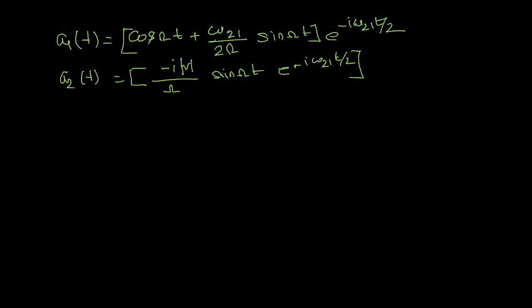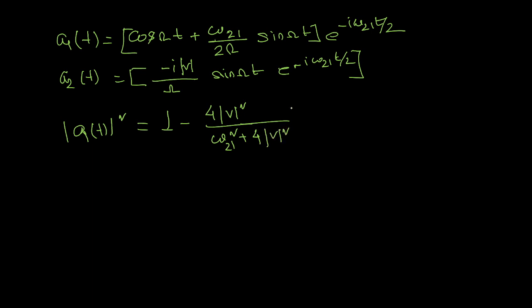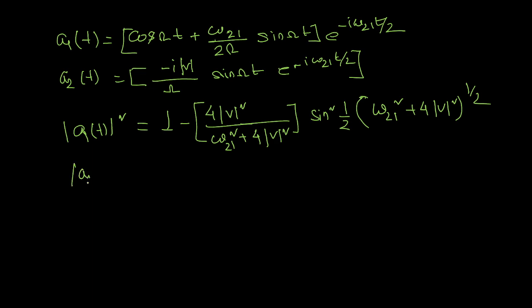Now if you take the square of it, then you will get the probability. So the probability of state 1 is nothing but 1 minus 4 v square. I am just writing the final form.